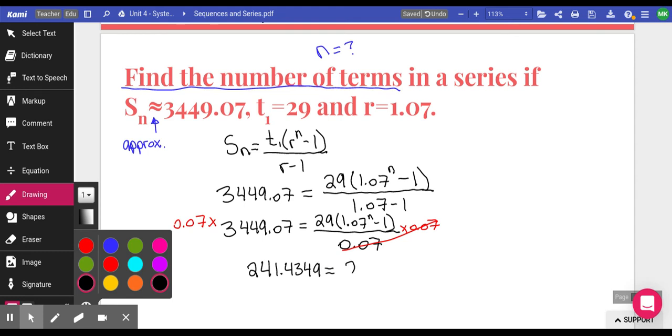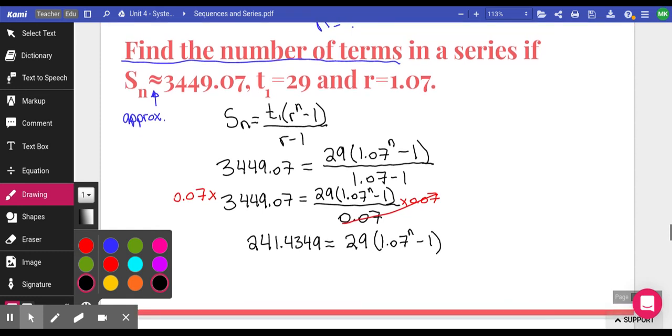And that's equal to 29 times 1.07 to the power of n minus 1. I'm going to divide both sides by 29. When I do that, my number continues to get messier. So I have 8.32534139, and that is equal to 1.07 to the power of n minus 1.